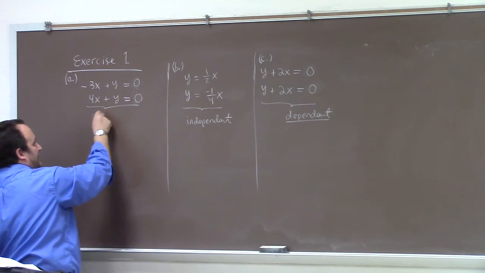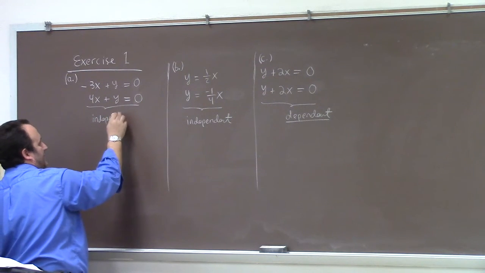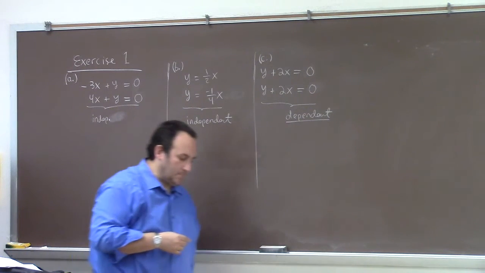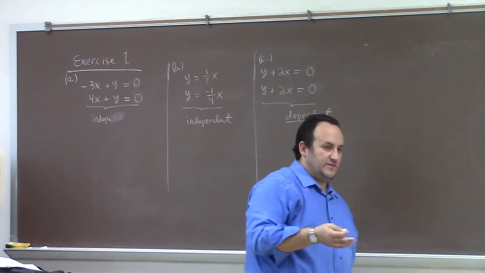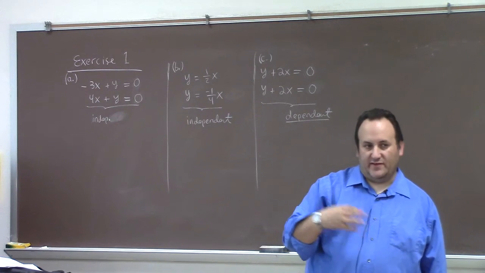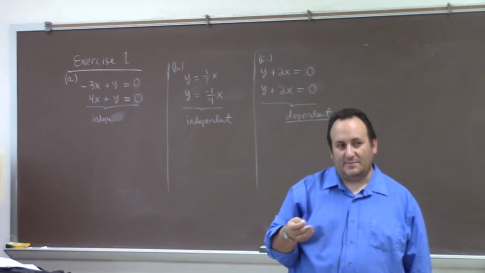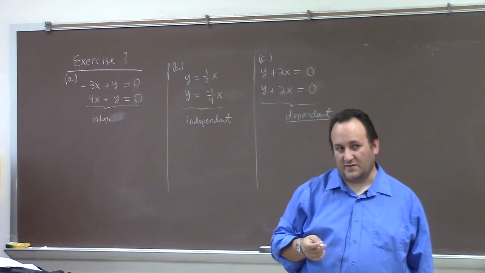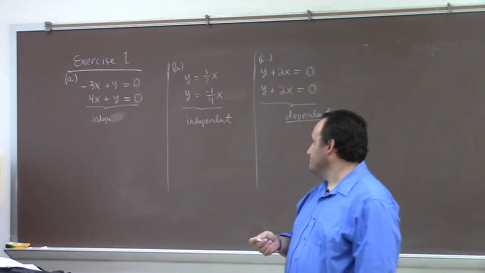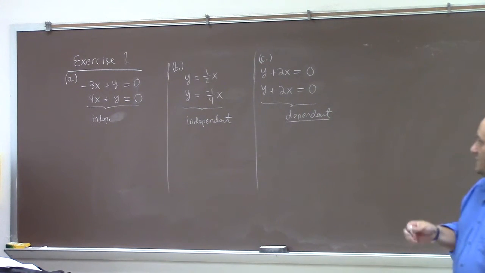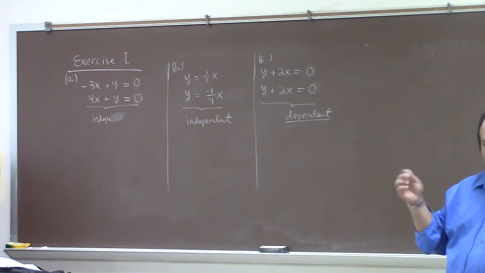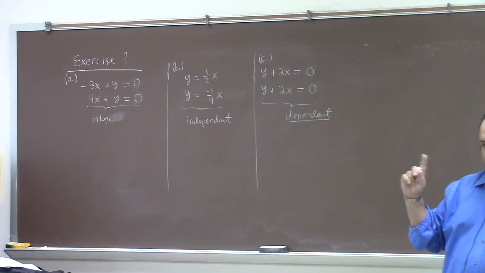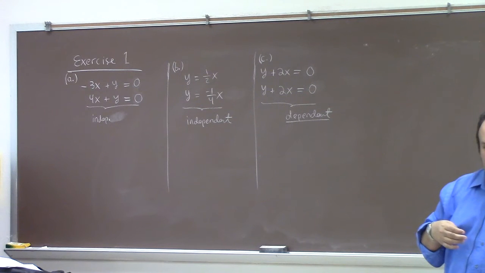And so essentially, if we look at 2 equations and 2 unknowns, they're going to be dependent if they have the same slope, and they're going to be independent if the lines have different slope. I suspect that's the definition given in the book. So the larger point here is if the equations are independent, there's one solution. But if the equations are dependent, there's either no solution or infinitely many solutions.